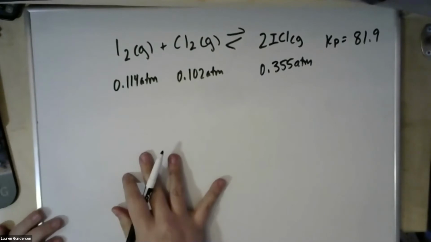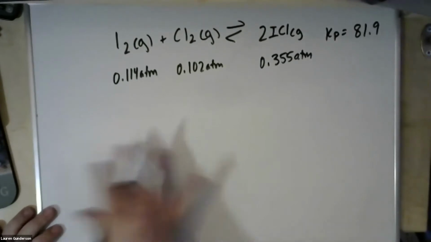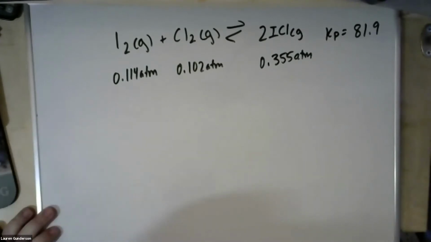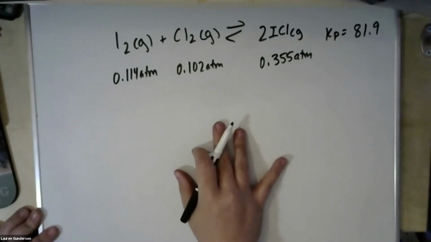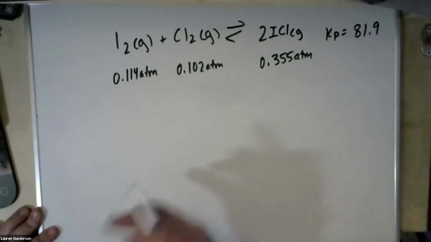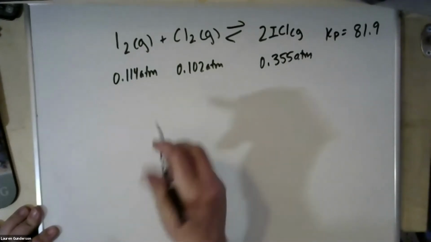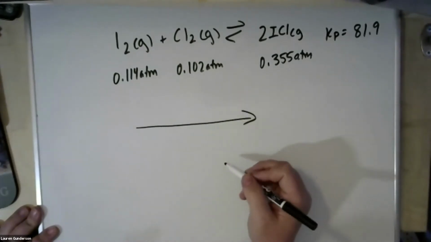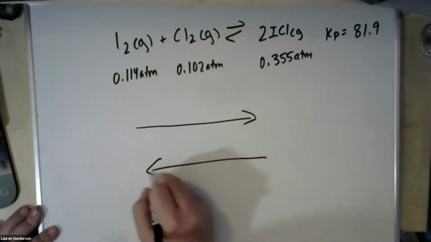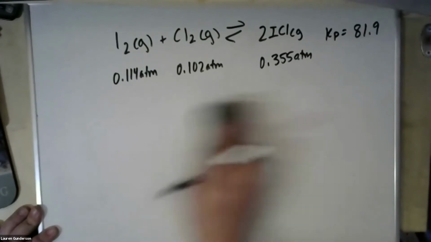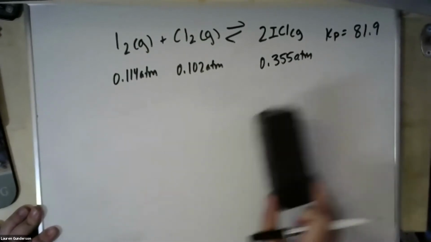Okay, so I've gotten a lot of questions recently about just what is the point of Q? What is Q? What do I do with it? Q is a way to figure out where your reaction is at. Is my reaction going to go in the forward direction? Is it going to go in the reverse direction? It's helping you predict the direction of that reaction, right?